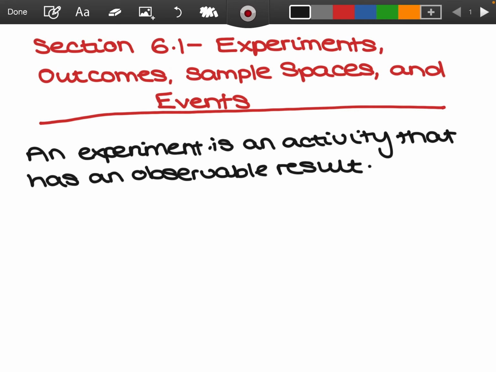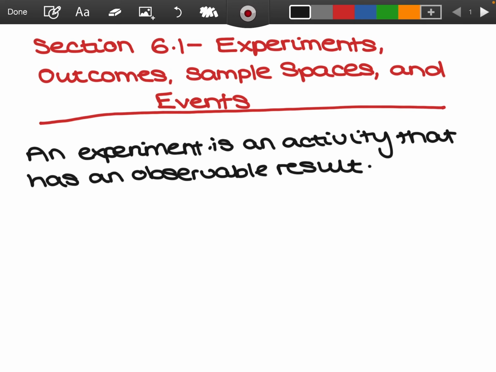Well, think about the two obvious ones that we look at time and time again throughout this chapter: rolling a die and tossing a coin. Both of those are experiments, okay? You conduct the activity of rolling a die or tossing a coin and you have observable results, either the numbers 1 through 6 or heads or tails.